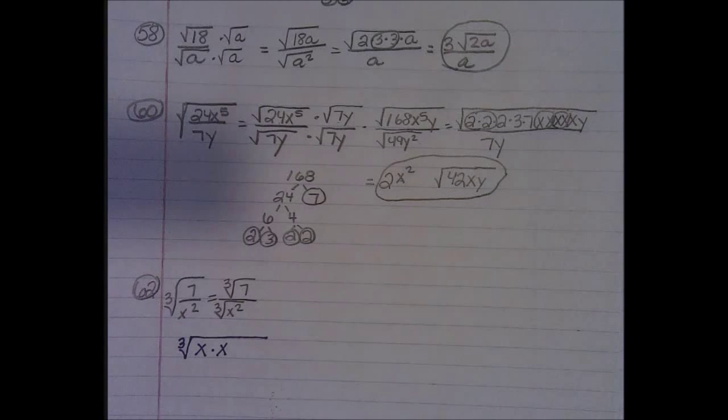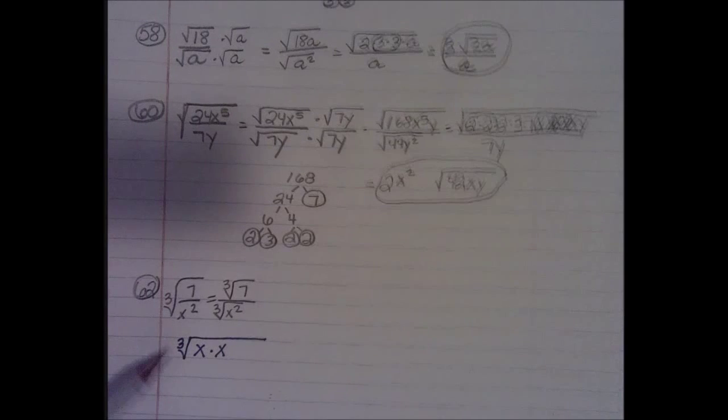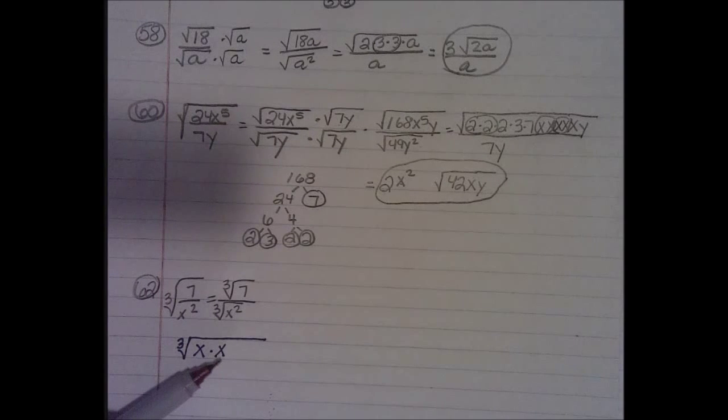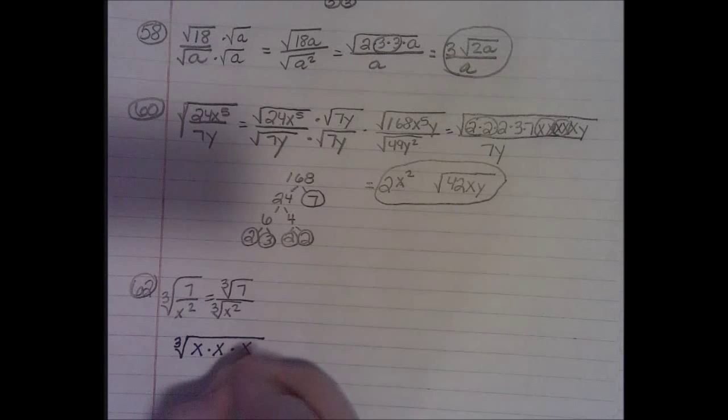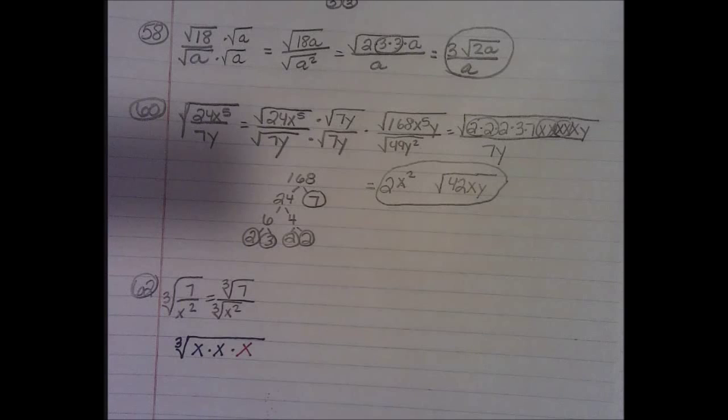So I need 3 of a number to release it from the radical. I have 2 numbers, so I need 1 more for it to be released.